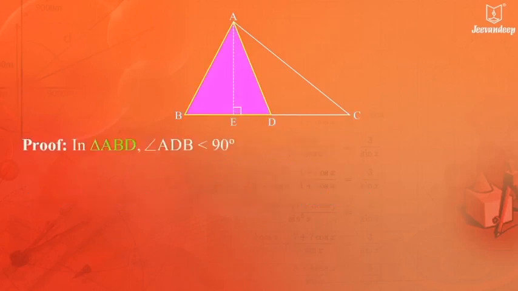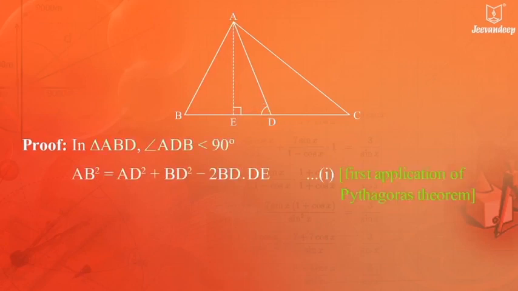Proof. In triangle ABD, angle ADB is less than 90 degrees. According to first application of Pythagoras Theorem, we get AB square equals AD square plus BD square minus 2BD DE. Equation 1.